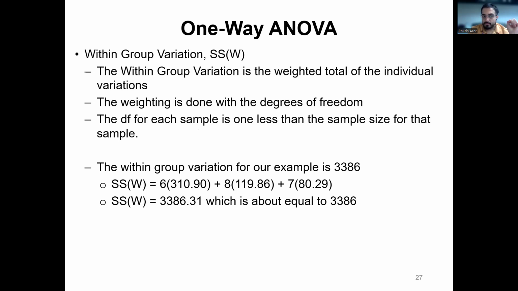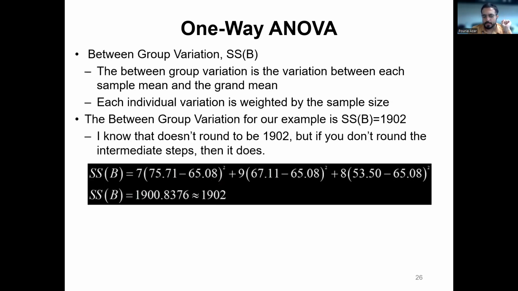For the within group variation, that's the weighted total of the individual variations. So in this case, we have to have degrees of freedom. For the sum of squares between, or between group variation, we just use sample size.